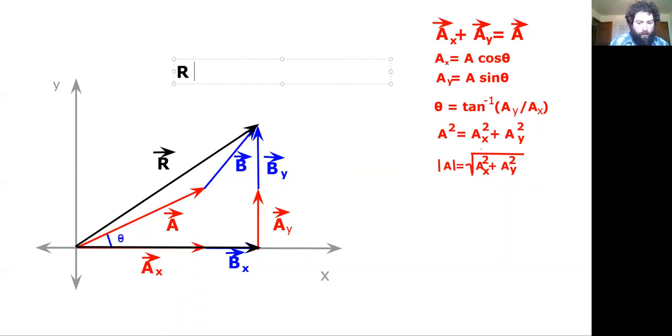We can just add them like vectors, like we did before. Okay, so these are vectors, and then we add the other ones, those are also vectors.